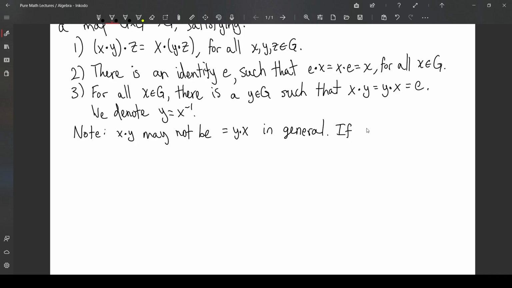If x times y equals y times x for all x, y in G, we say G is abelian, or commutative.